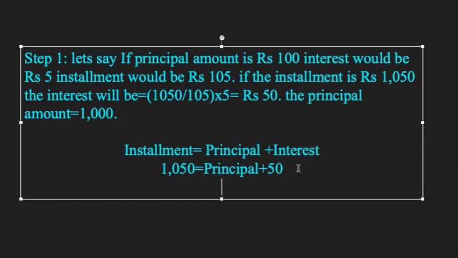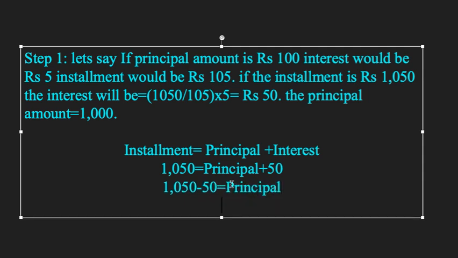Now we take this 50 rupees from RHS to LHS: 1050 minus 50 is equal to the principal amount. So the principal amount is 1000 rupees.